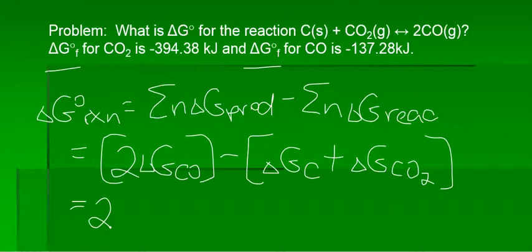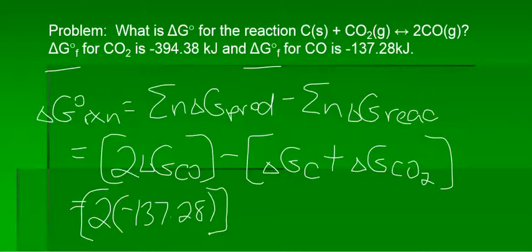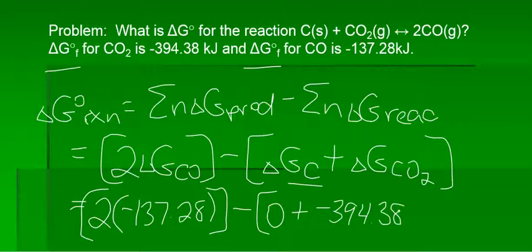Plug in our numbers. That's 2 times negative 137.28. For carbon, I wasn't given the delta G of formation, but elements are given a value of 0. They are always assigned a value of 0, plus delta G for CO2, which is negative 394.38.